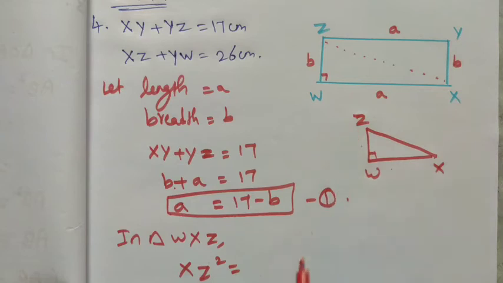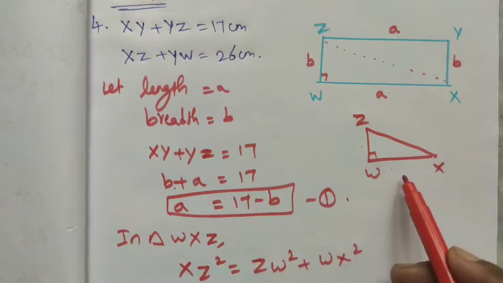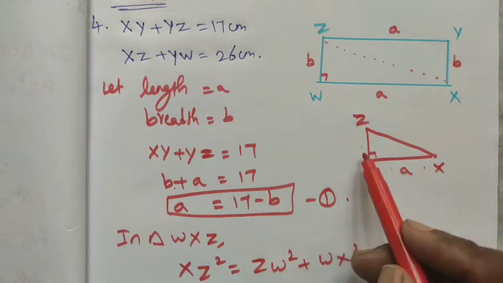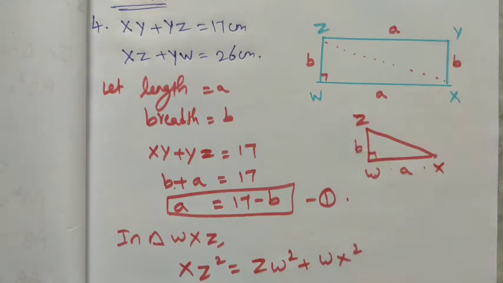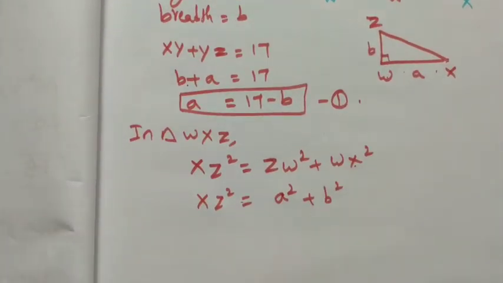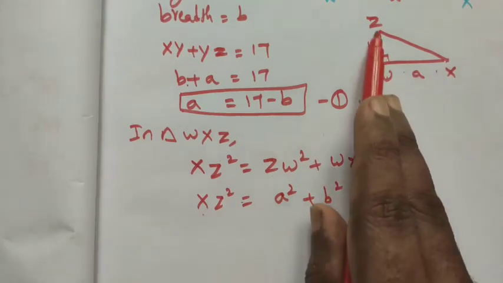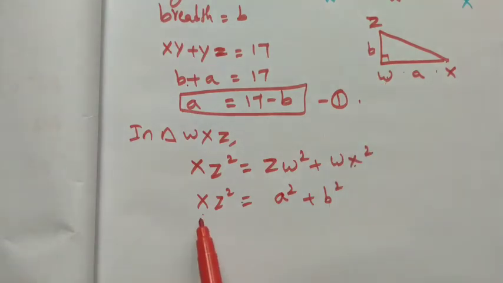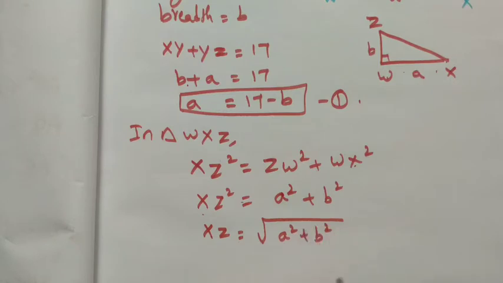So XZ square is equal to ZW square plus WX square. Here WX is A, ZW is B. So XZ square is equal to A square plus B square. Now we want to find out XZ only. XZ means root of A square plus B square, right?